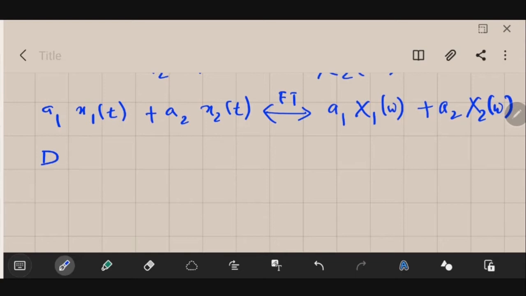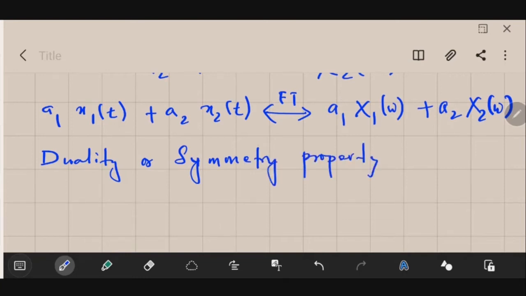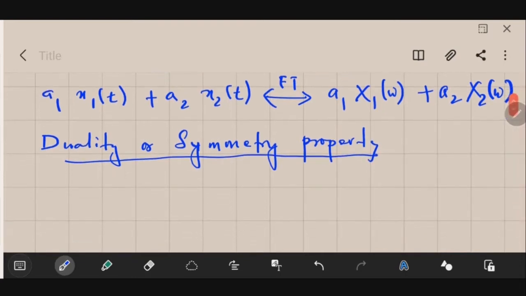Okay, so now let us go to the second property, which is the duality, or it is also known as the symmetry property. So what does this state? Let's see.